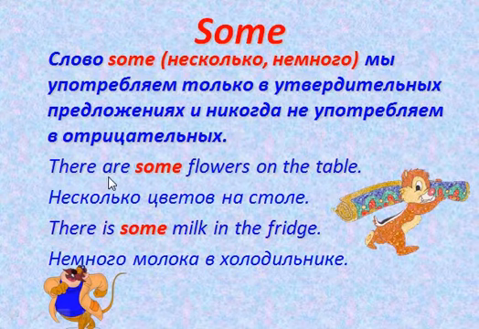Let's look at the examples. There are some flowers on the table. Несколько цветов на столе. There is some milk in the fridge. So we are using this word some in the affirmative sentence, right?